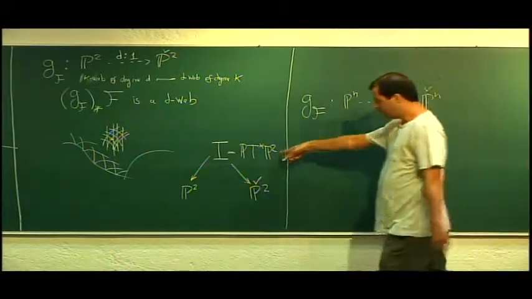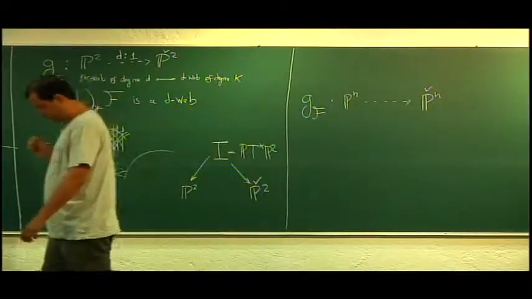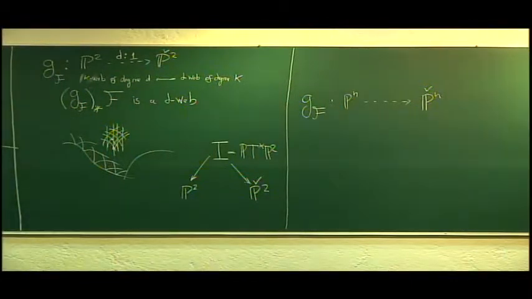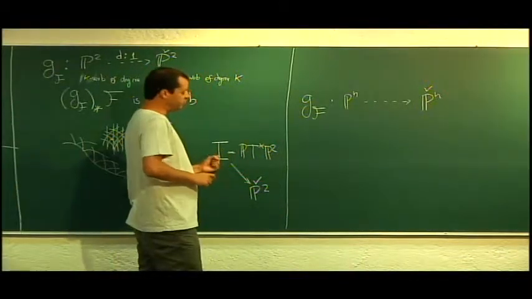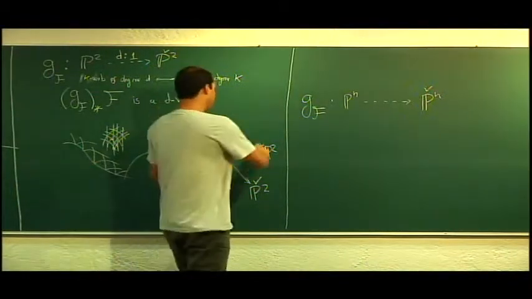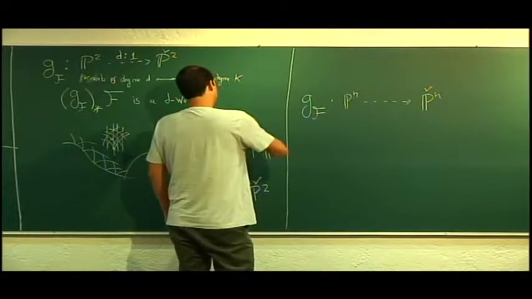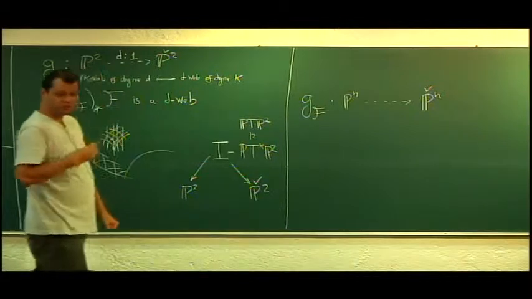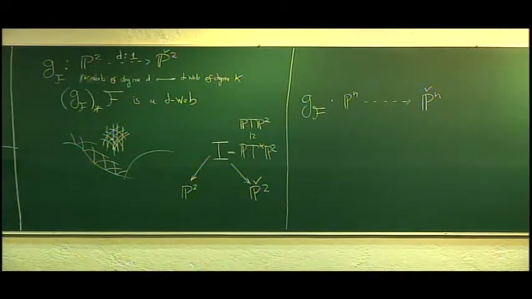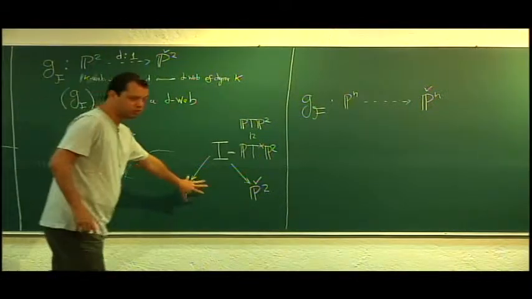But let's look here. In this case of P2, something happened, because here we have an identification between the incidence variety with this guy and with the projectivization of the tangent. So we could also try to mimic this construction.